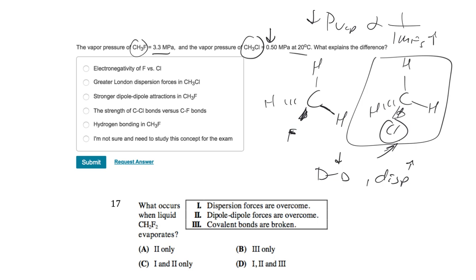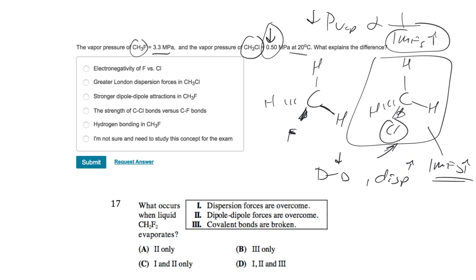So if we have a stronger force of attraction between the molecules, it's going to be harder for a molecule to escape into the gas phase. Therefore, it will have a lower vapor pressure. And so CH3Cl has a lower vapor pressure. Therefore, it has the stronger intermolecular force between these two compounds. So the force of attraction between adjacent molecules of CH3Cl is stronger.